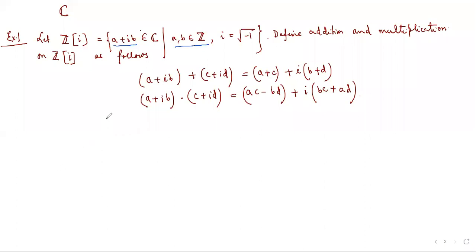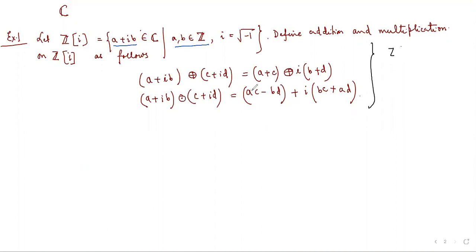I am not going to show the detail of these calculations because it will just kill time, and you can do it very well. What you need to do is that with respect to these operations plus and dot, for the sake of understanding, let us denote this plus by this symbol and this dot by this symbol.